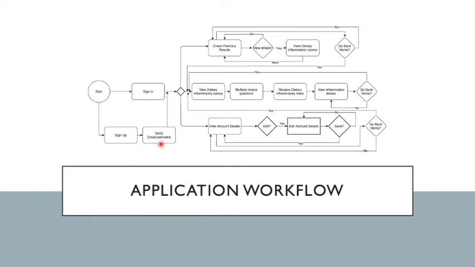They need to verify this email address or username via a verification token sent to the phone or email. If the user signs in, they use their username and password, and they're greeted with a home screen where there are three major workflows that the user can take.